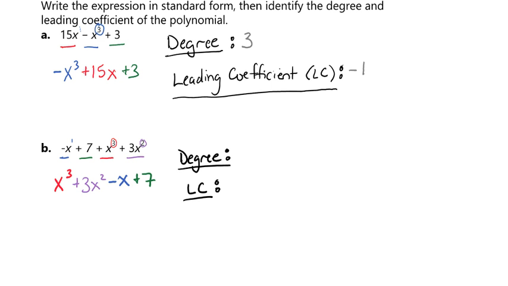Our degree is the largest power, which in this case is the 3. And our leading coefficient is the number in front of that. Now remember, it doesn't look like anything is there, but that's not a 0. That's telling us that there is 1 x there. So our leading coefficient will be a 1.